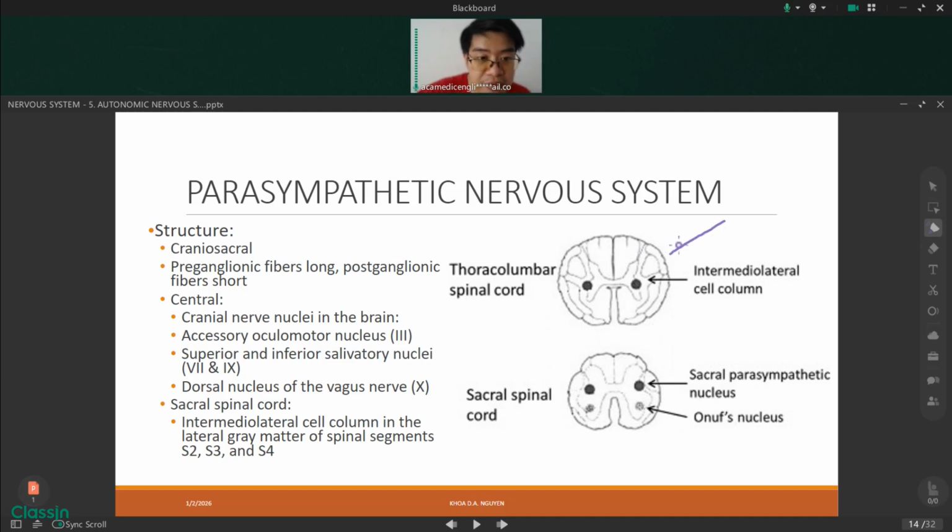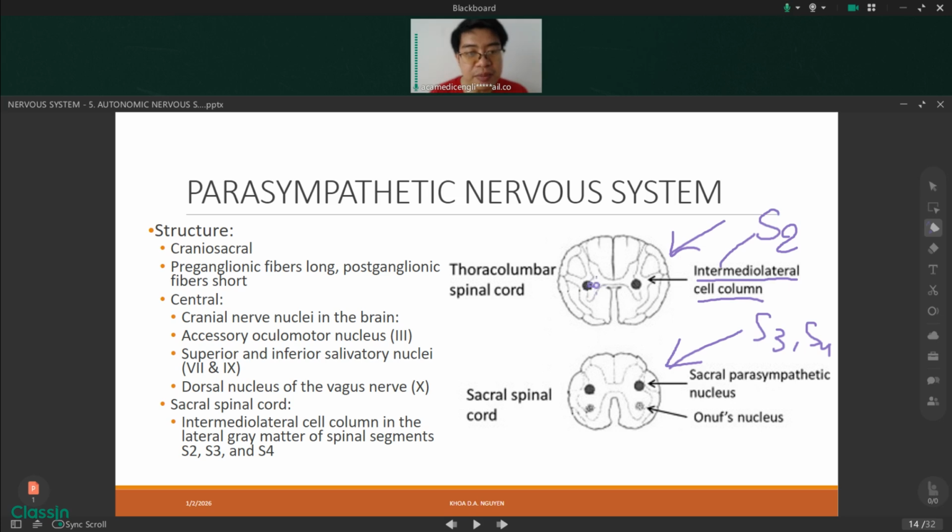Look, this is a sacral segment and this is another sacral segment. You will see that in the sacral segment there is something called an intermediolateral cell column, not intermediolateral horn. Okay, it's not a horn, it's just a cell column. And this cell column is only going to be present at S2, S3, and S4. From this intermediolateral cell column, the parasympathetic neurons are going to go out with the anterior root, just like we said before.